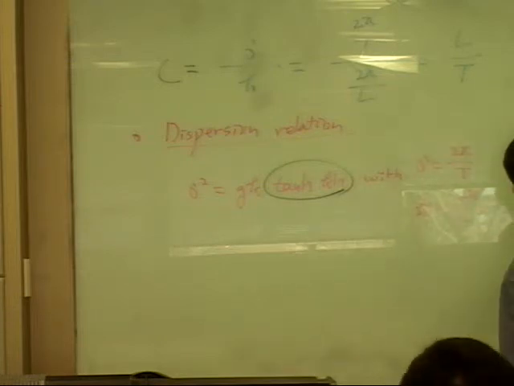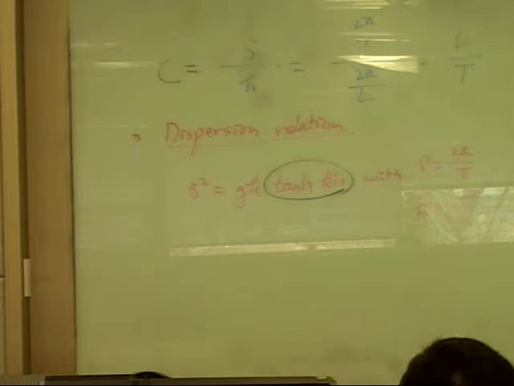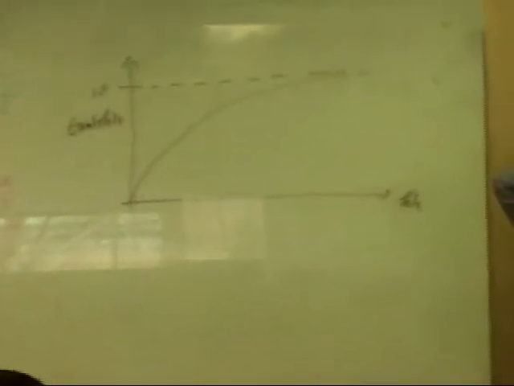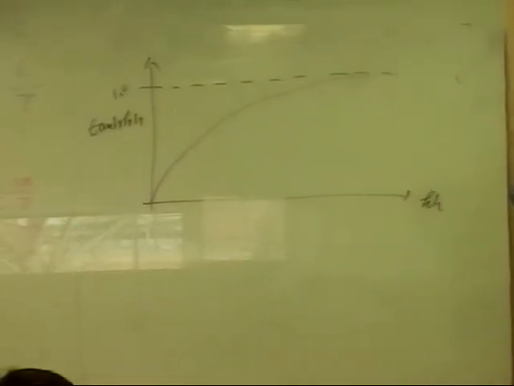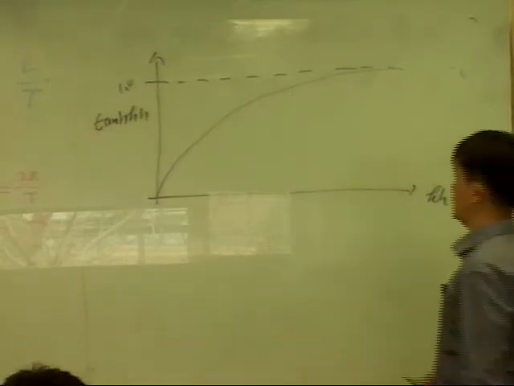So this is hyperbolic tangent kh. This will be a function like that. As kh becomes bigger and bigger, that function goes to 1 asymptotically.